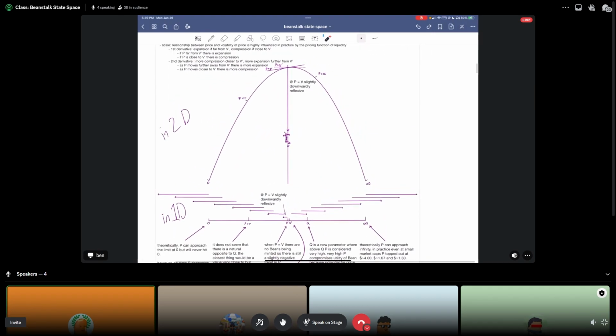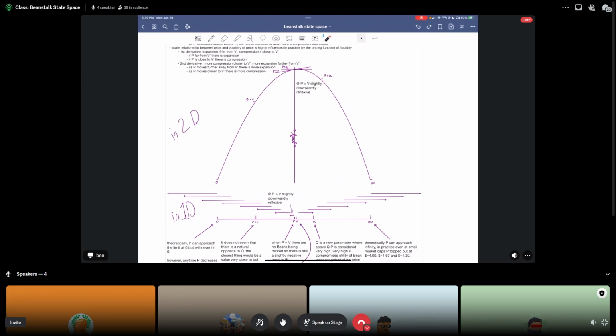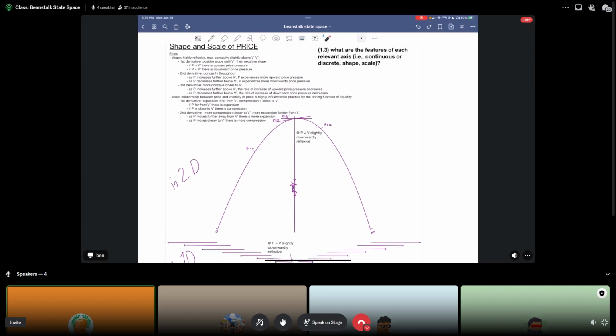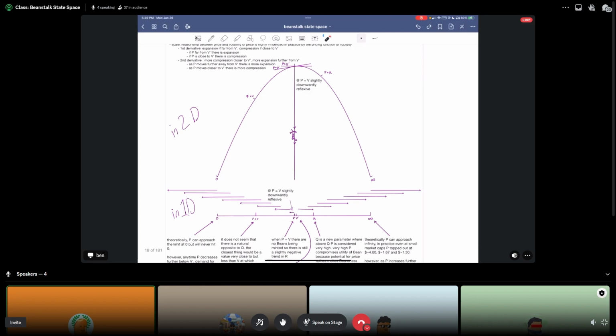Now, this is sort of what we were talking about before, where the further from, hold on, can you see, there we go. The further from the value peg, in either direction, the more force there is acting on the state of Beanstalk with respect to price in whatever direction. And so the point is, if we're trying to just understand in a single dimension, given the price, what is the effect of price on price?